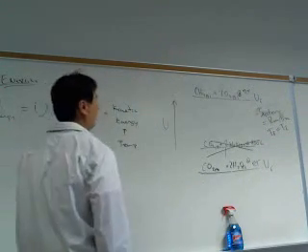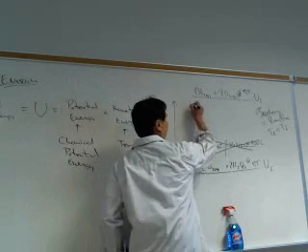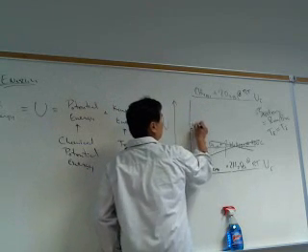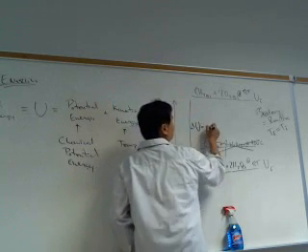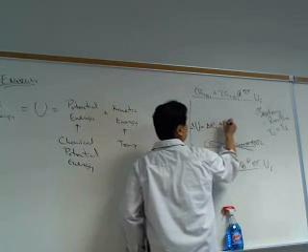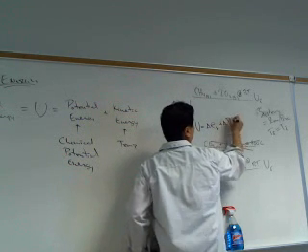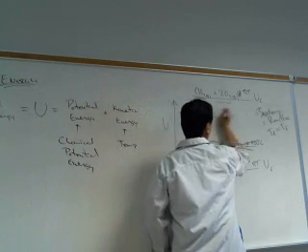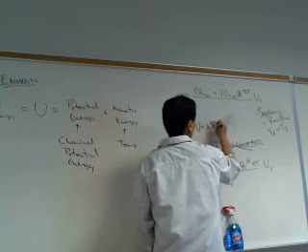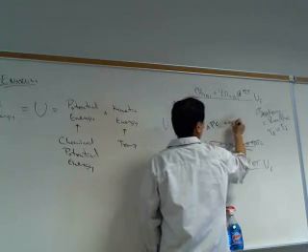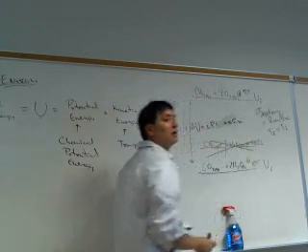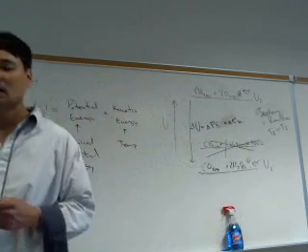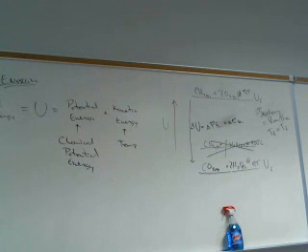Now let's take a look at delta U here. Delta U, there's an energy release. Delta U is equal to delta PE plus delta EK. PE stands for potential energy, EK stands for kinetic energy.